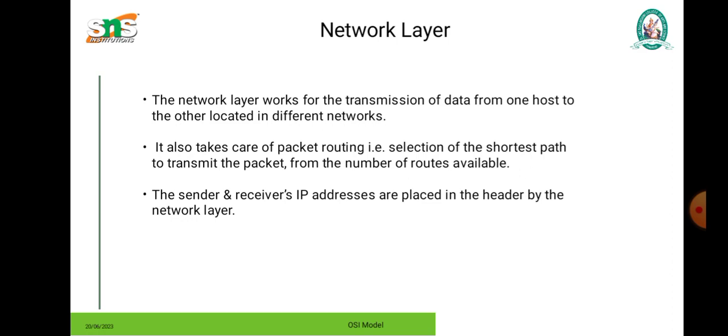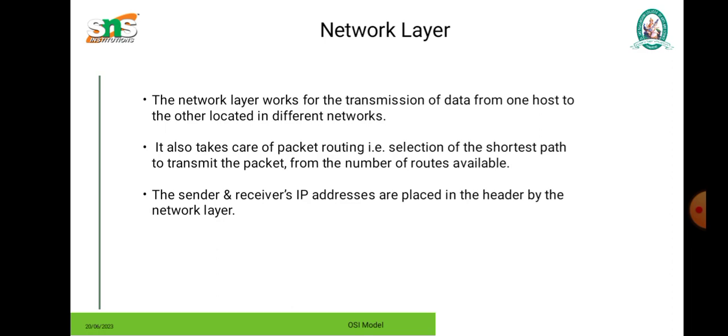And the next one is the network layer. The network layer handles the transmission of data from one host to another host in different networks. It determines the best path to move the data from source to destination, based on the network conditions.